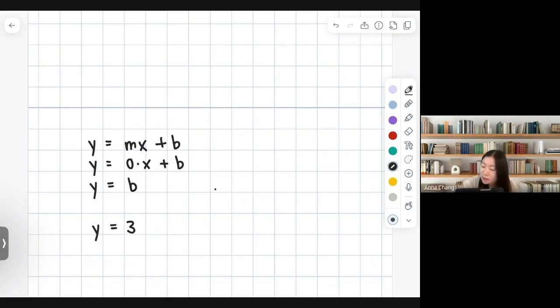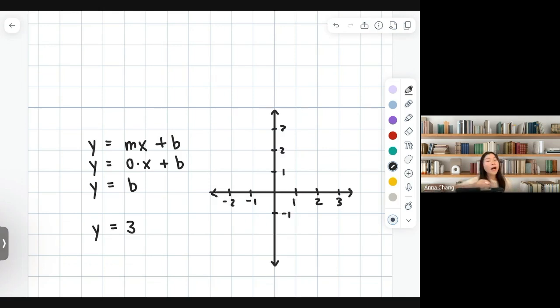Well, if I plot this, y equals 3 represents all the places where the y value is 3, which might be a little bit hard to imagine, but it's actually going to be this horizontal line here. Everywhere across this horizontal line, the y value is equal to 3. So we plot it like this.